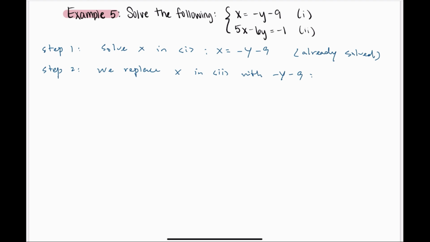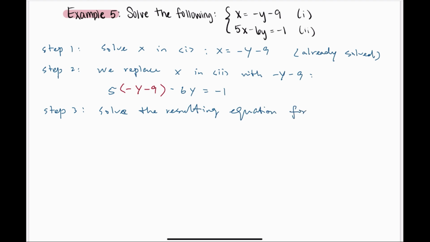Step 2. Substitute the expression for x from the first equation into the second equation. We replace x in the second equation with negative y minus 9: 5 times (negative y minus 9) minus 6y equals negative 1.